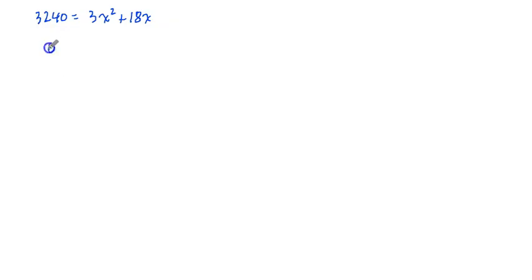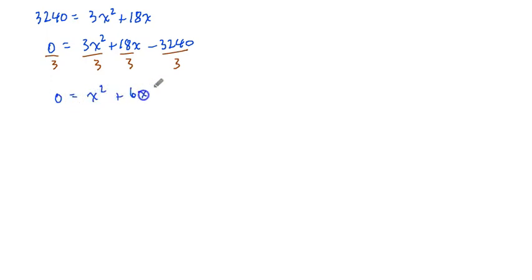Carrying that last step over to a new screen, I've got 0 equals 3x squared plus 18x. Bring the 3,240 over to subtract it. All those terms are nicely divisible by 3 to get x squared plus 6x minus 1,080 equals 0.